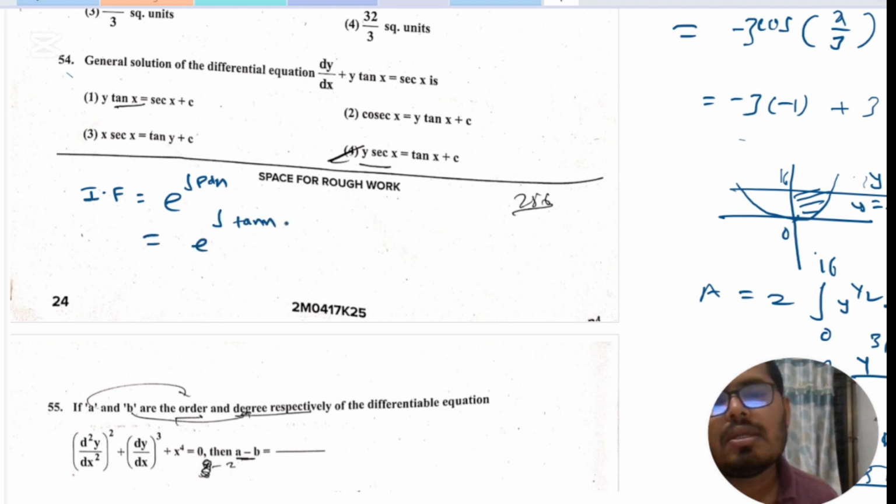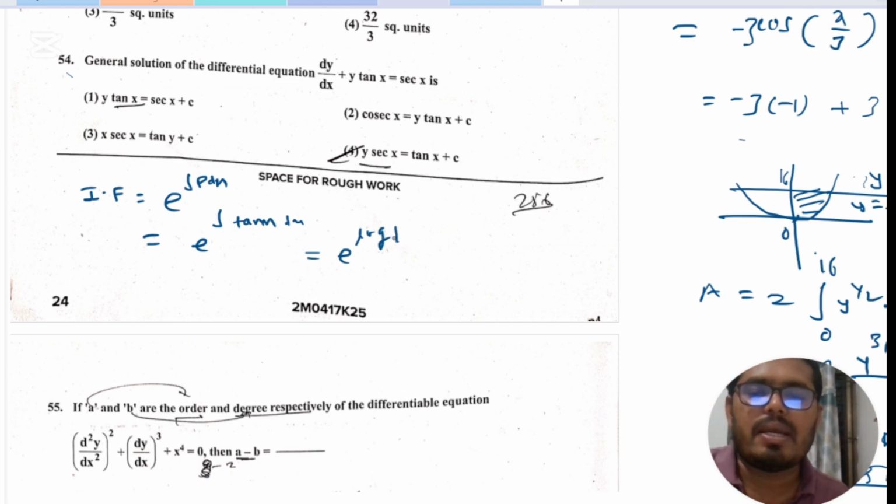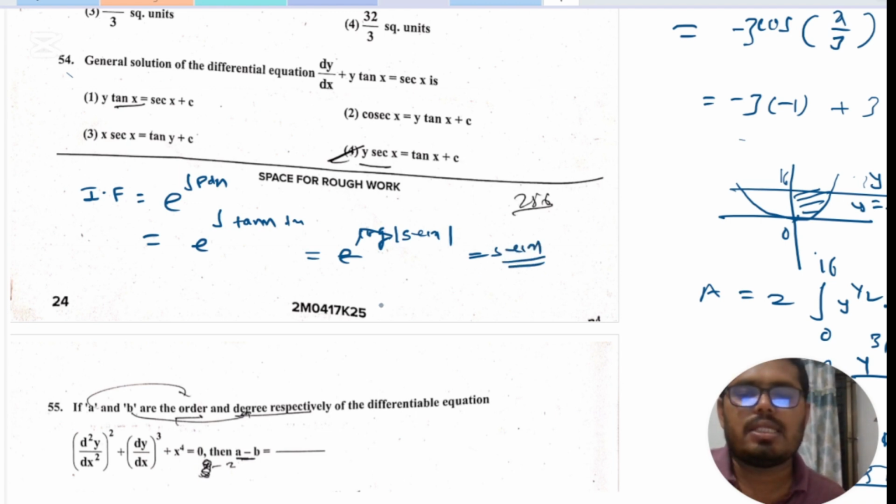The integration of tan x is minus log cos x, that is log sec x. Therefore, sec x is the integrating factor.